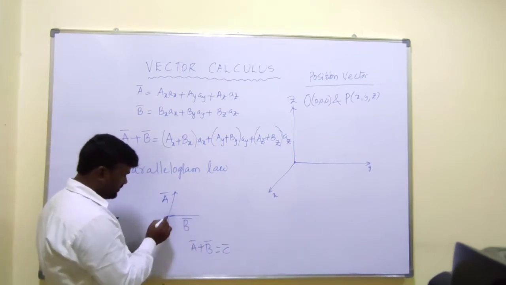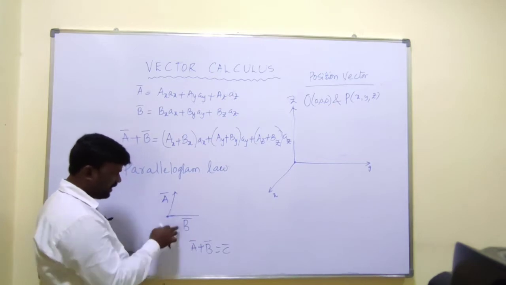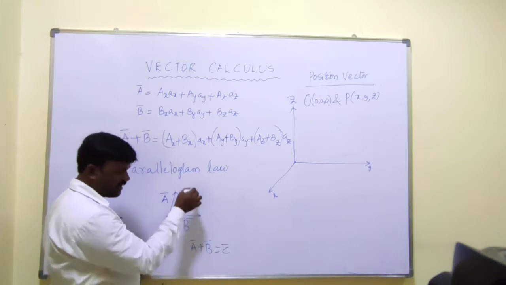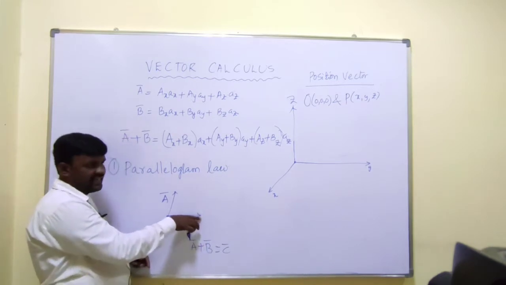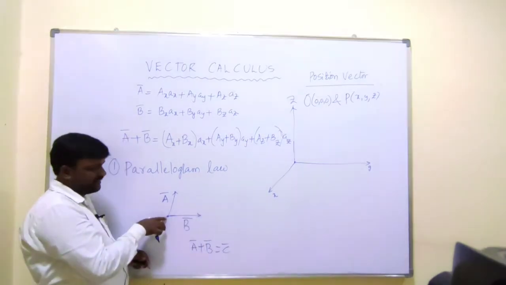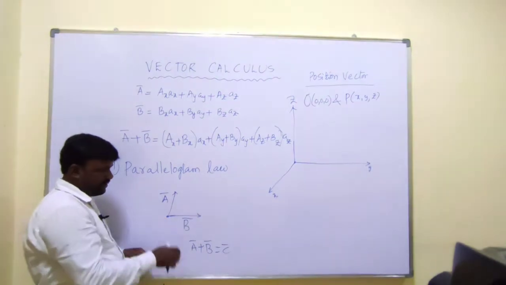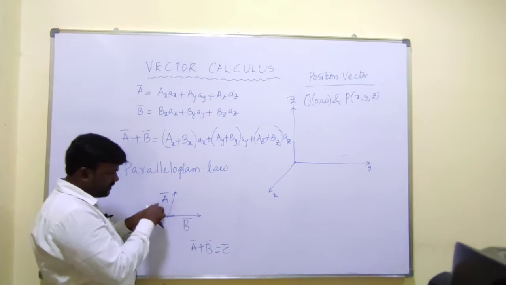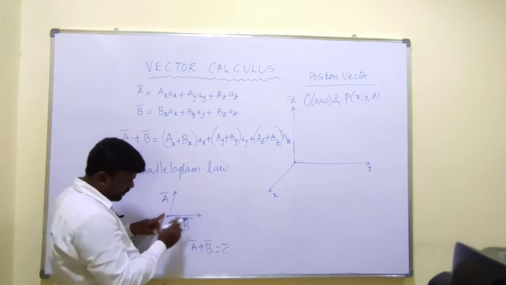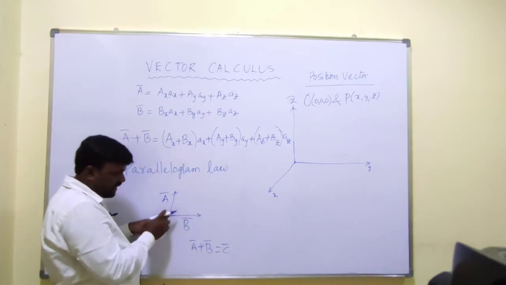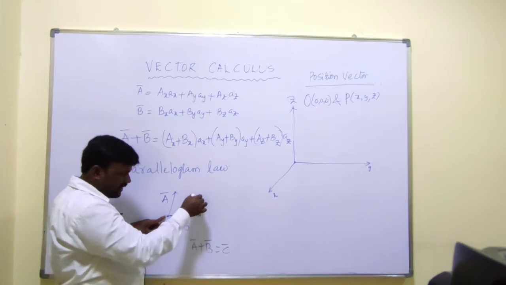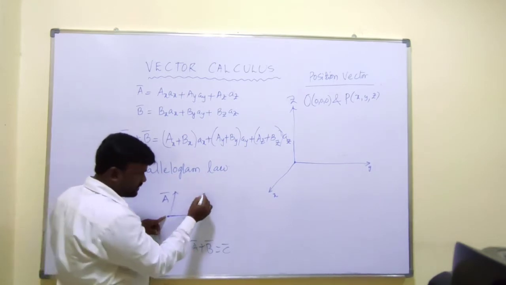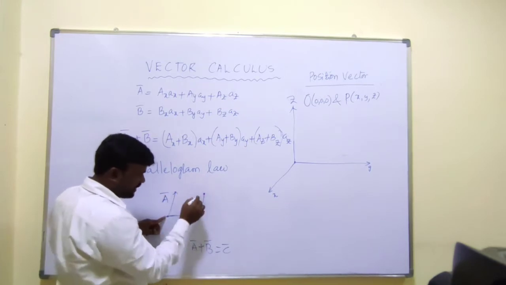This C bar starts at the starting point of A bar, which is also the starting point of B bar. Here the terminating point is called the head, and the starting point is called the tail. From the head of this B bar, draw a parallel line equal to the length of A bar, meaning the magnitudes are equal.